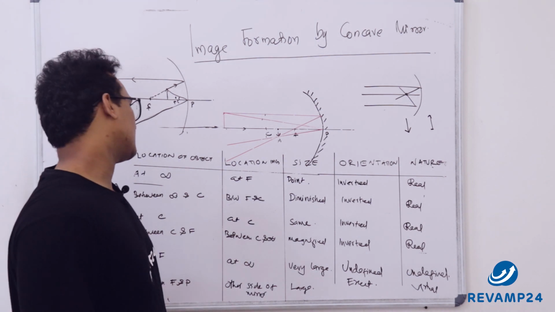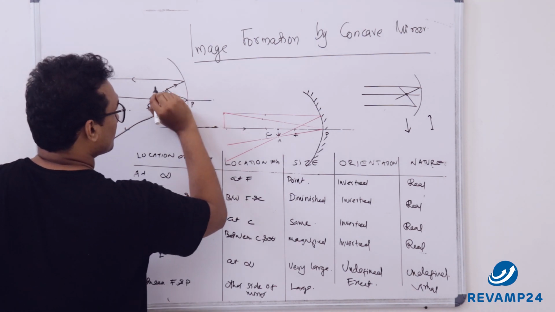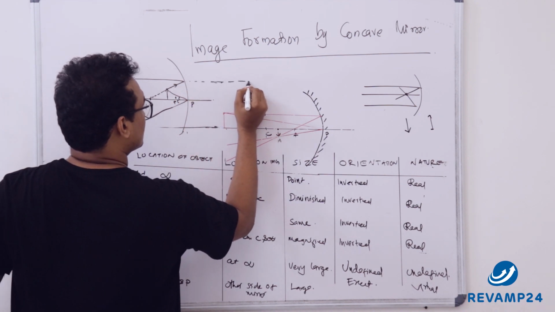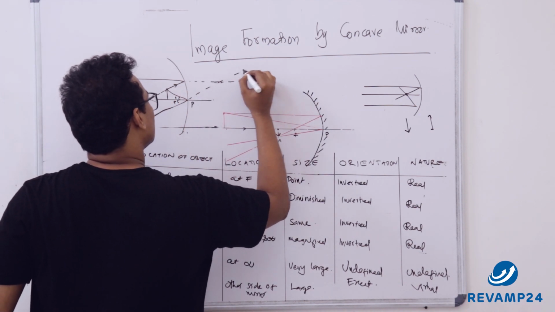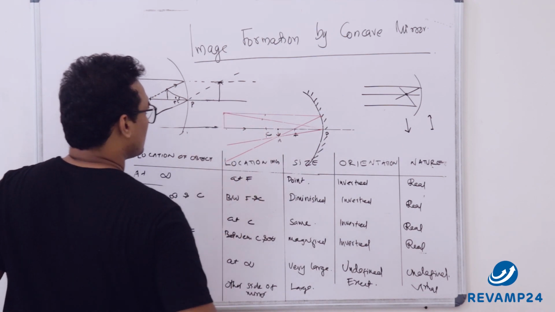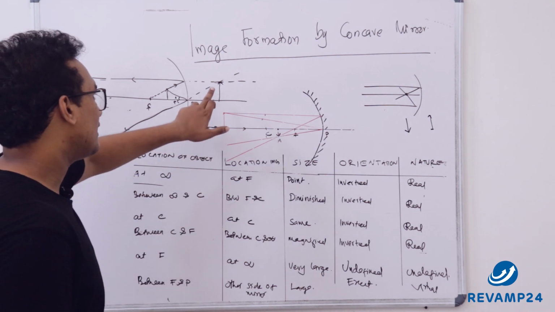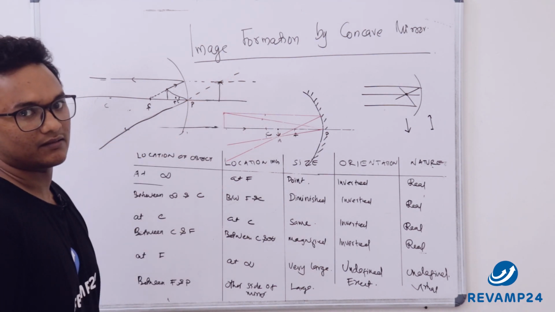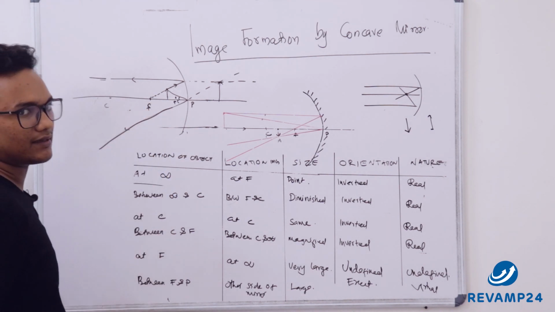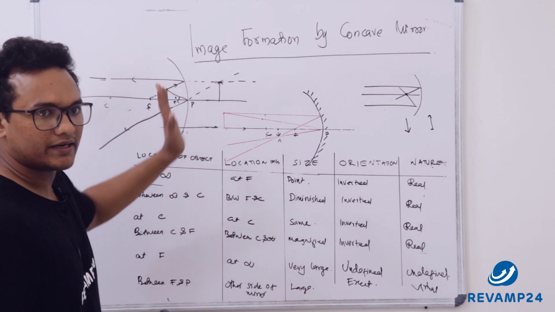They will never intersect. But if I am projecting to this side, see, it would go in this direction and this would go in this direction, and I could say that this would be the image. So they are not actually intersecting. See, in all the previous cases they were actually intersecting, but here they are not.